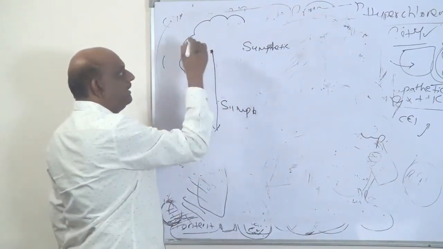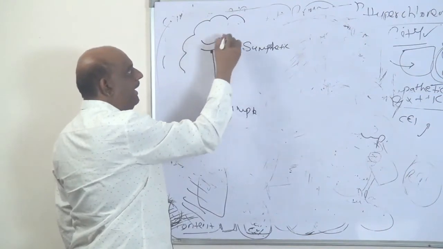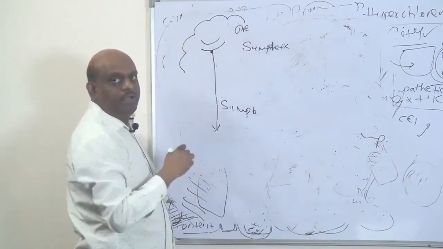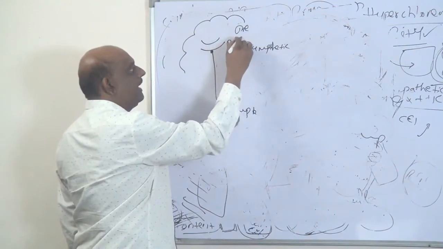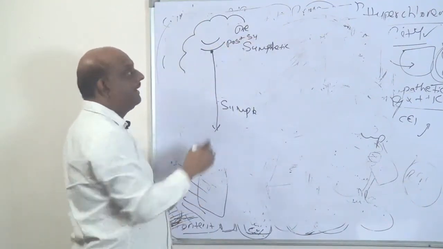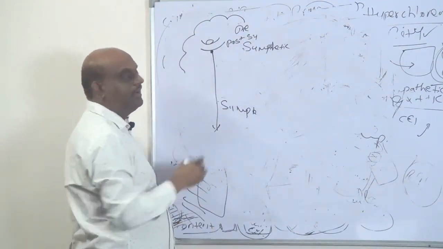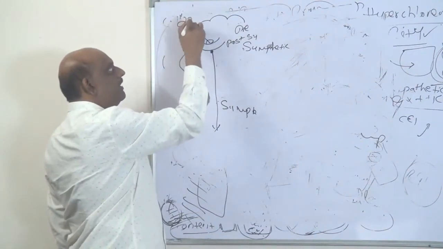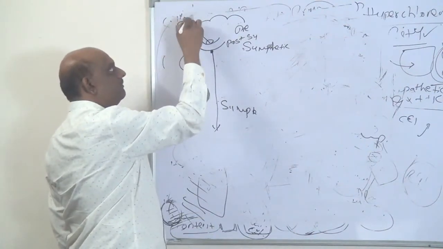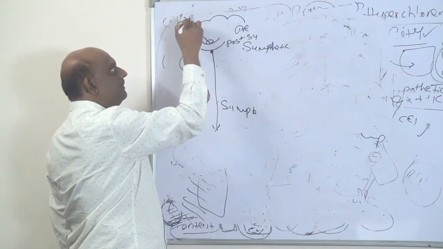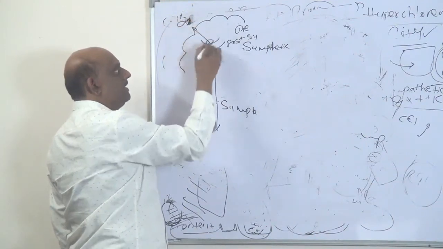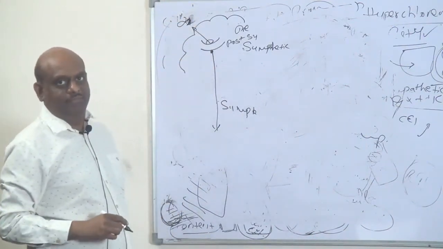In this area, there is a presynaptic receptor and a postsynaptic receptor. In this presynaptic receptor, you have the alpha 2 receptor in the presynaptic area.